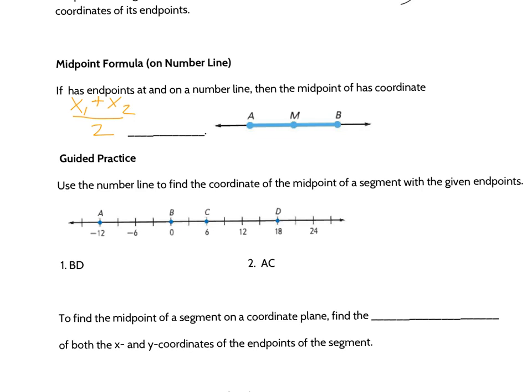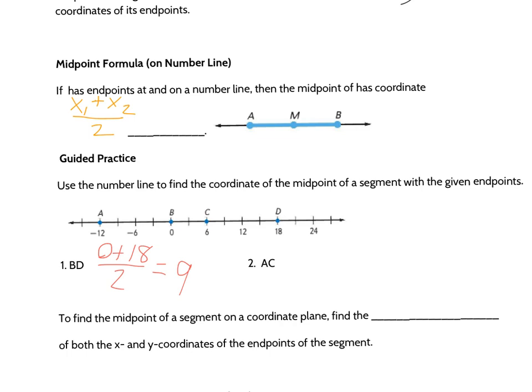We want to use the number line to find the coordinate of the midpoint of the segment with the given endpoints. So for instance, segment BD runs from B at 0 to D at 18. Well, that's going to be 0 plus 18 over 2. That's going to give us 9.